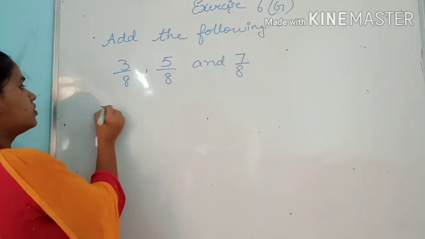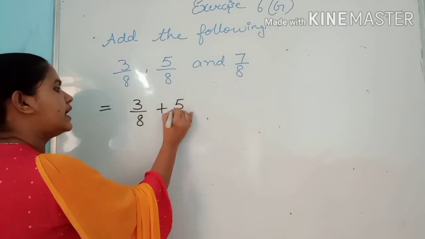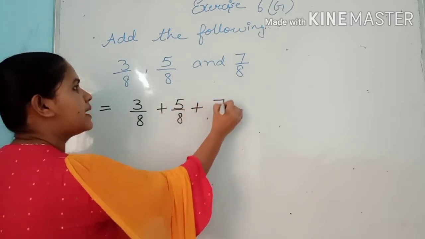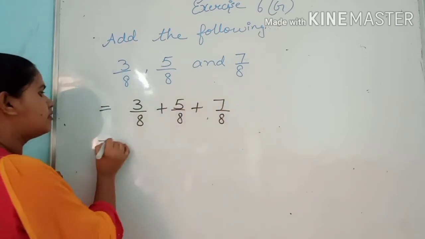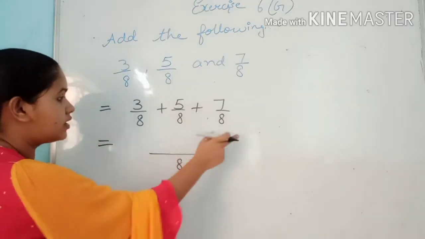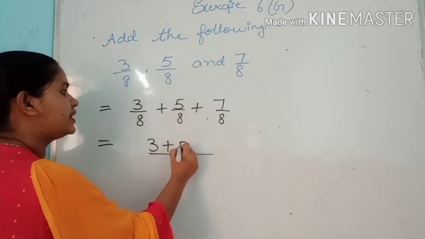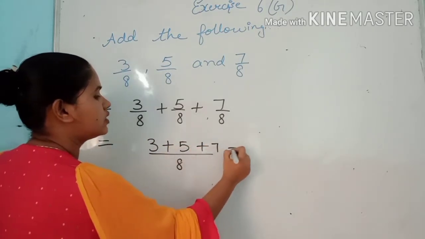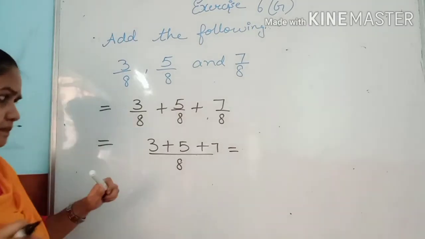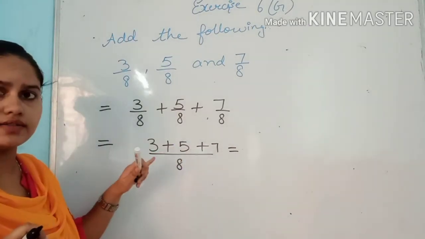So 3 by 8 plus 5 by 8 plus 7 by 8. Then we will take one denominator for all of these. Then we will add the numerators here. Now you can see here is 5 and here is 7. We can add all these.